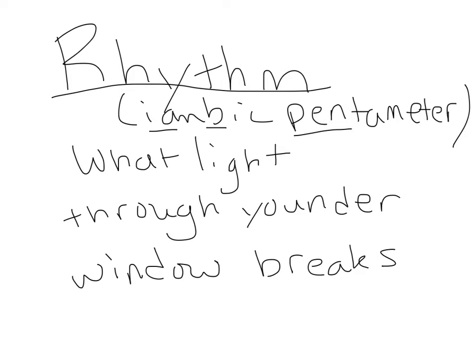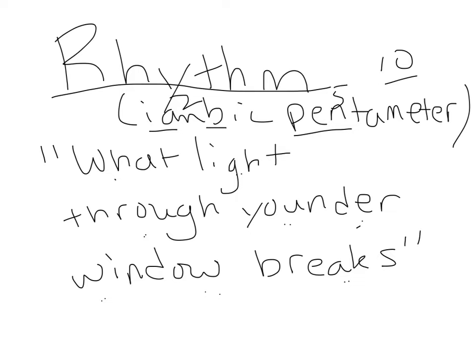So 5 times 2, that's 10. So here I have an example of iambic pentameter. Now, if we were to count the syllables, we'd want to get to 10. What light through yonder window breaks? 1, 2, 3, 4, 5, 6, 7, 8.